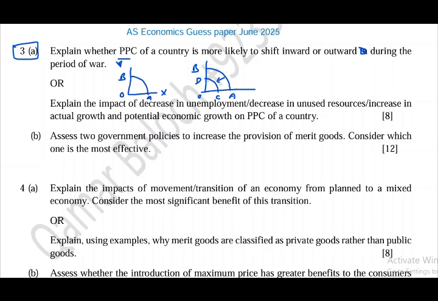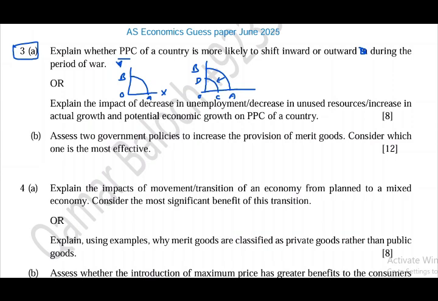Definitely its resources will be depleted and destroyed, and definitely the PPC is more likely to shift inward. But on the other side, you can also say that there may be some countries that are not directly involved in war whose PPC may shift outward, and these countries may be improving their quality and quantity of resources, or maybe discovering new natural resources as well.